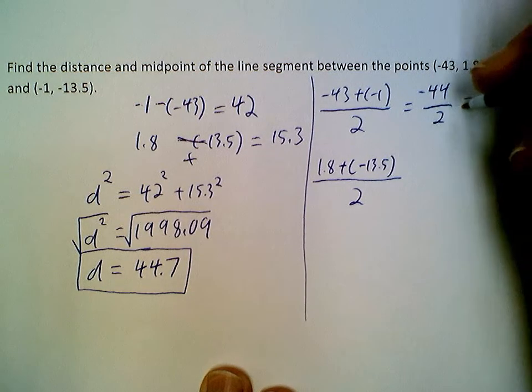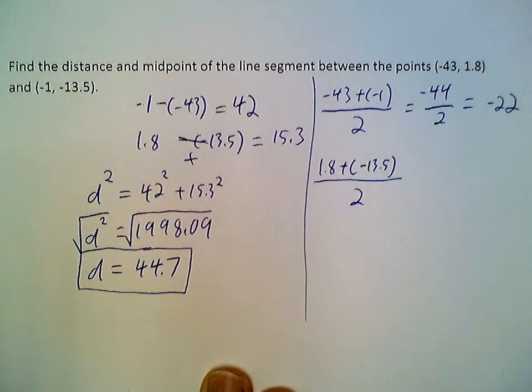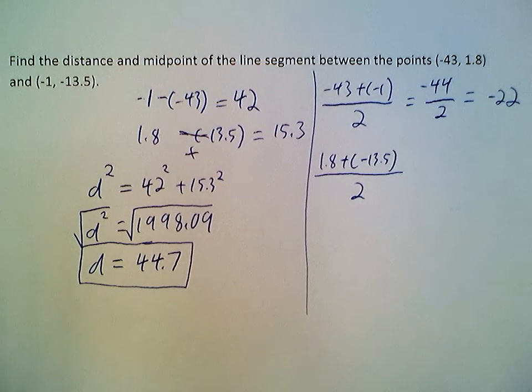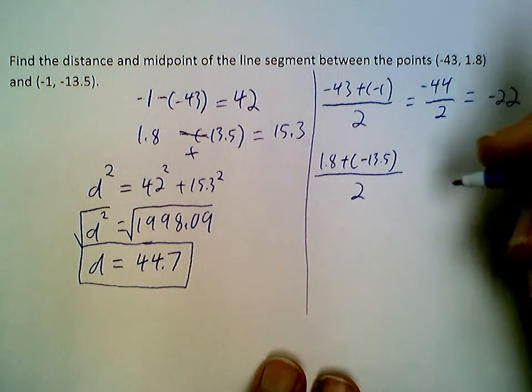Okay, so for the x-coordinates, negative 43 plus negative 1 is negative 44. Negative 44 divided by 2 is negative 22. So my x-coordinate will be negative 22. For my y-coordinates, I have got 1.8. Remember, I'm adding a negative, which is the same thing as subtracting, so it's really like 1.8 minus 13.5.